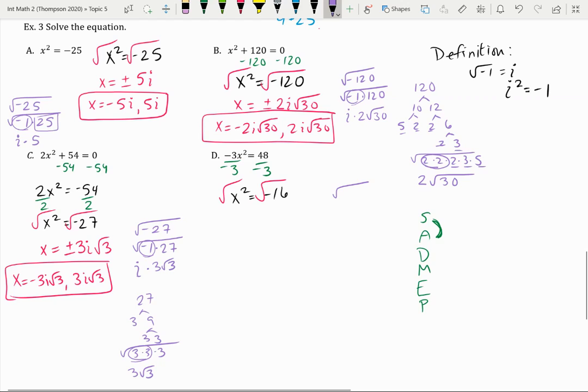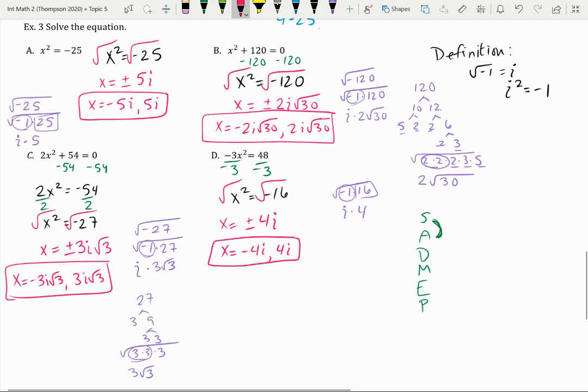So I'm looking for the square root of negative 1 times 16. And the square root of negative 1 is i, and the square root of 16 is actually just 4. So this is going to be plus or minus 4i. x equals negative 4i and positive 4i.